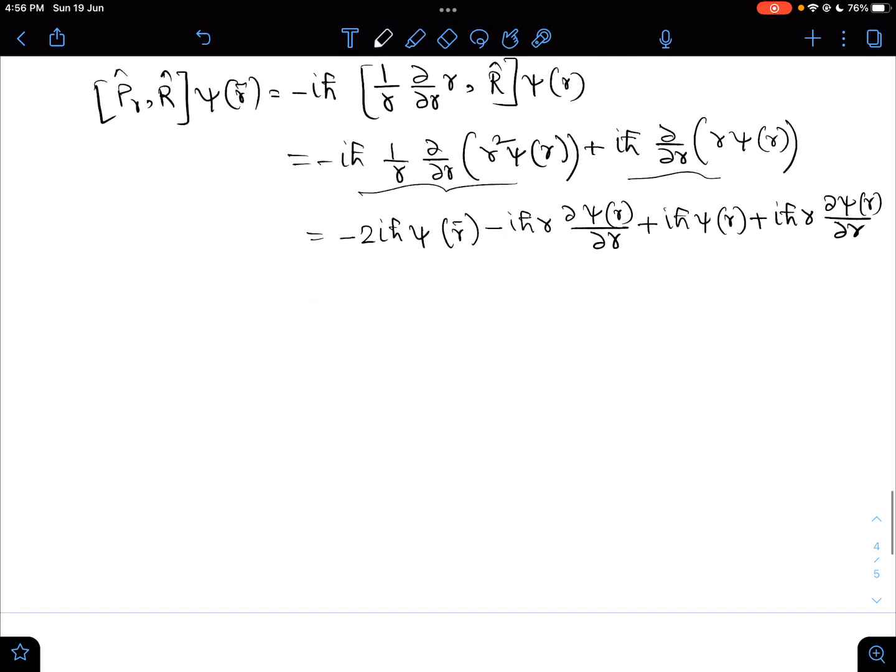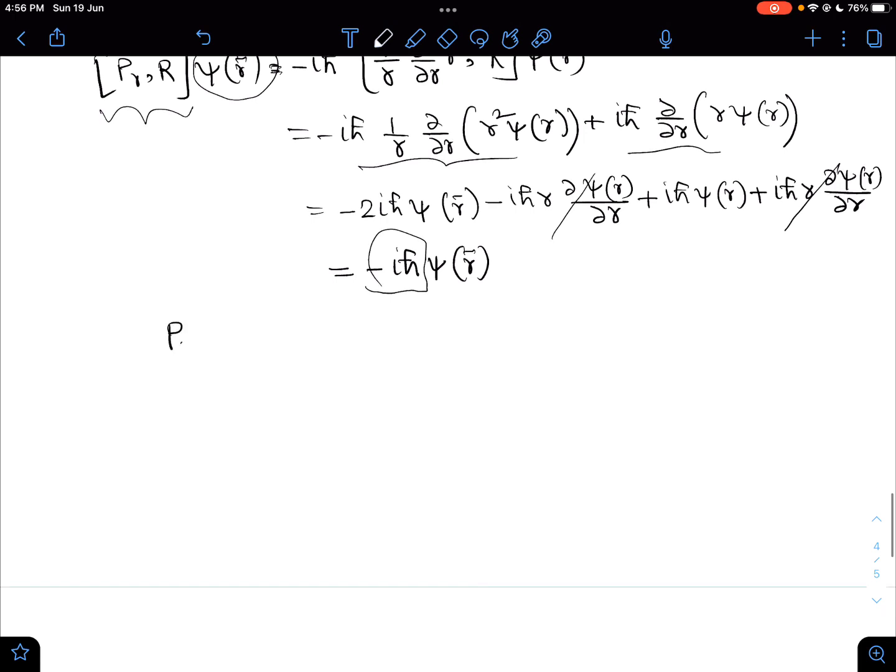So these terms cancel out, and we end up with minus i h cut psi r. So we are operating this commutator on psi r, and we are getting this value times psi r. So this commutator PR, r has value minus i h cut.